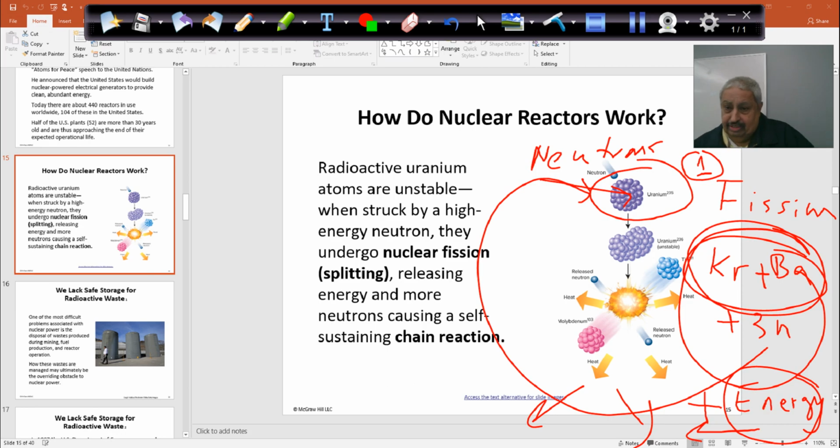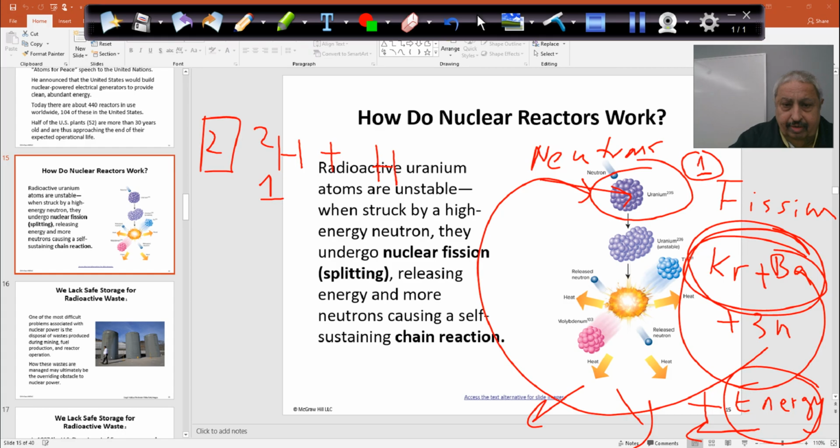The second one, which is the cleanest one but is not utilized on the Earth, it's utilized in the sun. You get the radioactive isotopes of hydrogen, that's deuterium. You can have two deuterium hydrogen isotopes coming together to make the alpha radiation, or to make helium, another isotope, correct?